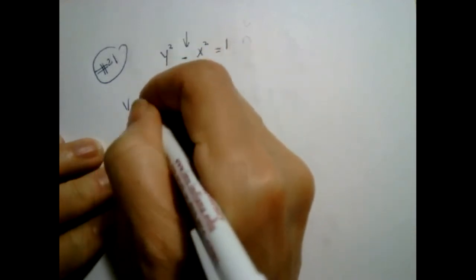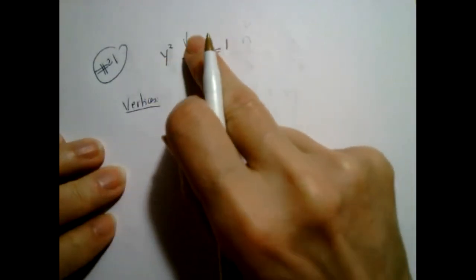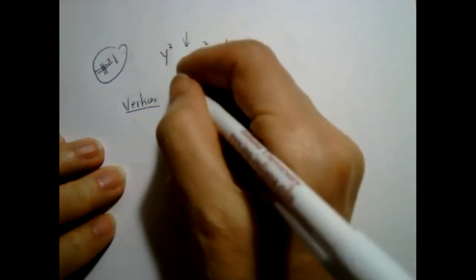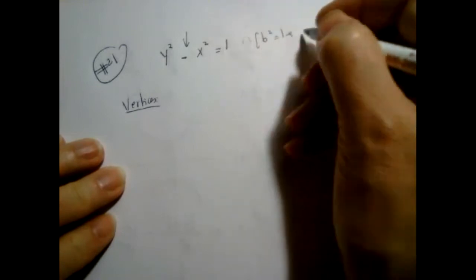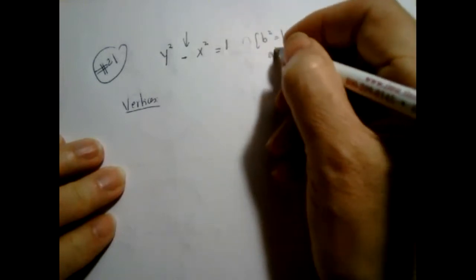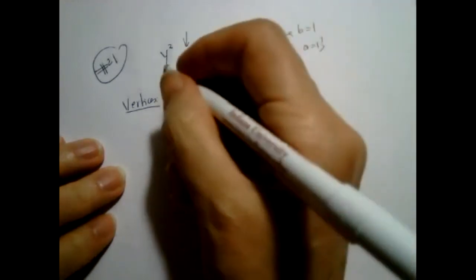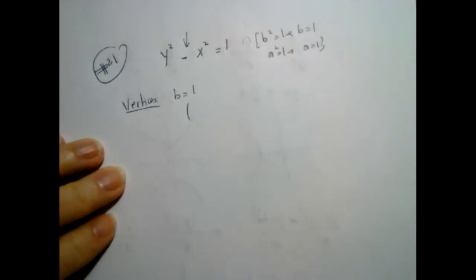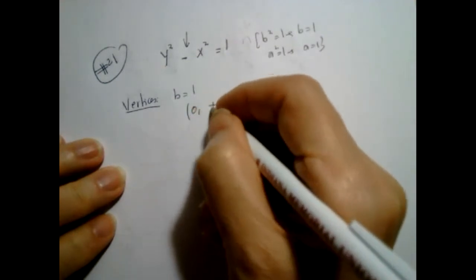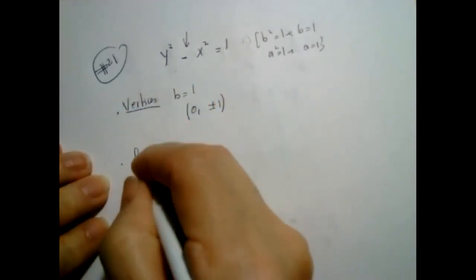First, we're going to find the vertices. The vertices are basically the intercepts in this scenario. Here the b squared is 1, so my b is 1, and the a squared is 1, so my a is 1. Because the opening is up and down, the vertices are (0, plus or minus 1). Now we need the foci.